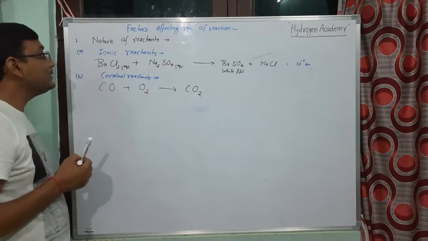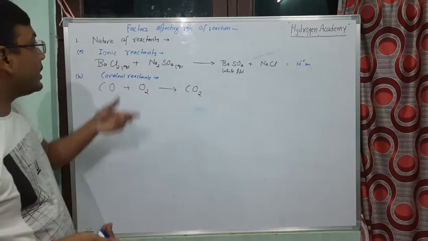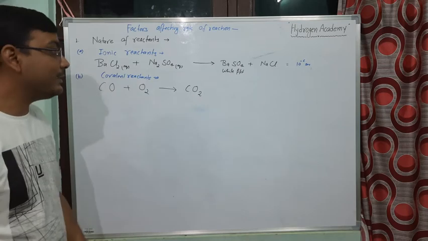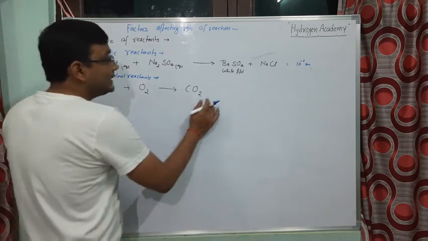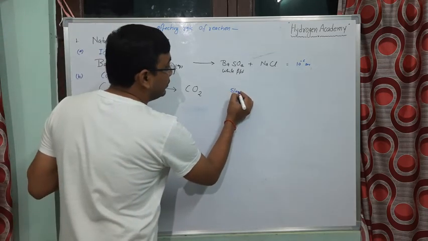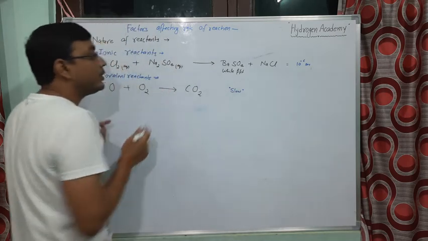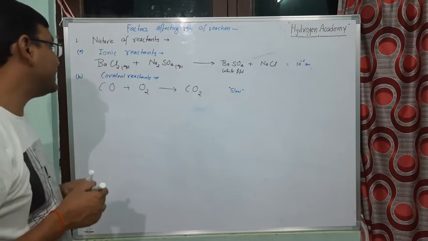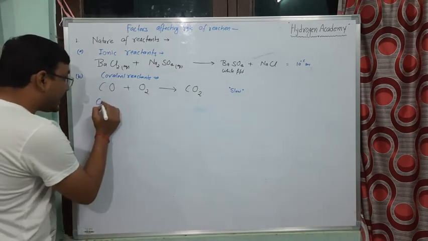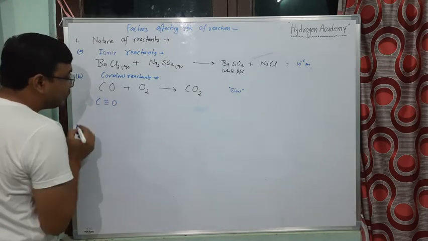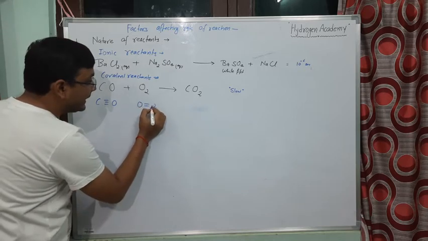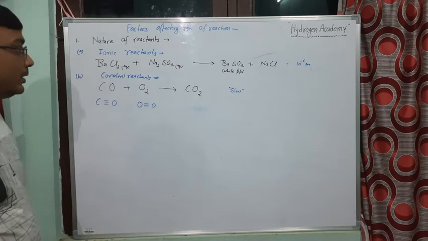While comparing these two reactions, ionic and covalent, we observe that this reaction takes place with very slow rate as compared to ionic reactants. The reason is here, between carbon and oxygen there is covalent bond present. Between oxygen atoms covalent bond is present.